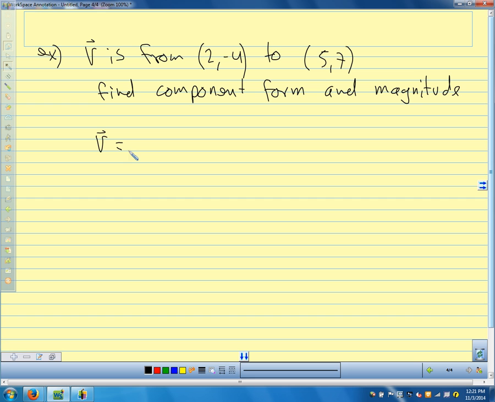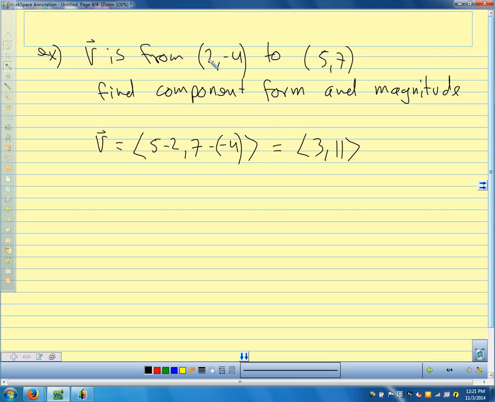So in component form, we want to do the terminal point minus the initial point. Make sure you do it in the right direction. So terminal minus initial for the x coordinate, I'm going to do 5 minus 2. And for the y component, I'm going to do 7 minus negative 4. And I get the vector 3, 11. So that would be the vector in component form.